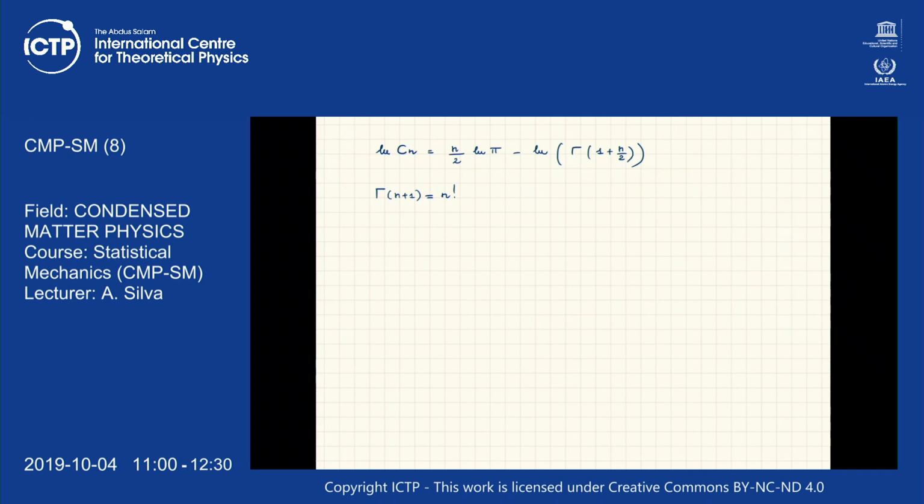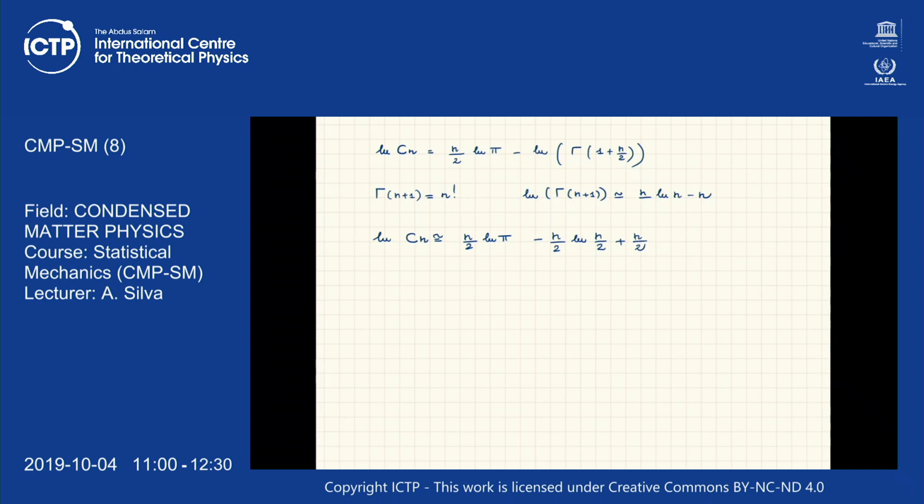And therefore you can easily imagine that log of gamma of n plus 1 is going to be approximately n log n minus n, right, for n going to infinity. And therefore the log of Cn is going to be approximately n over 2 log of pi minus n over 2 log of n over 2 plus n over 2. So this I'm writing because in a second I will take this volume and I will put it in a log, right?